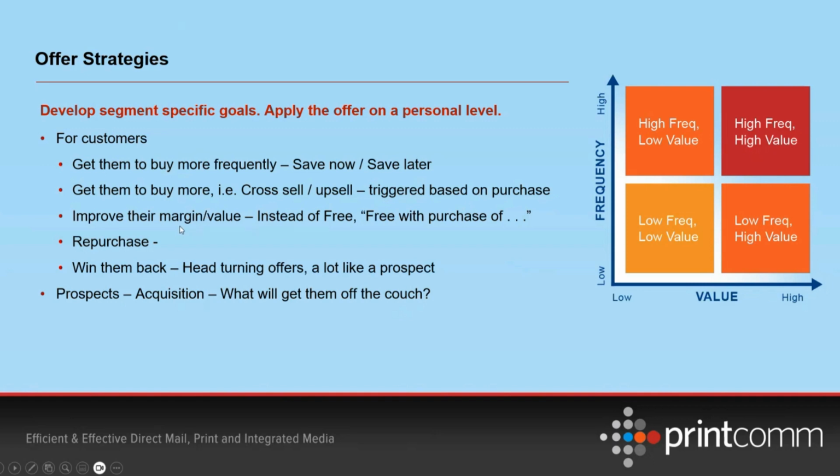People where you want to improve their margin value. Maybe we talked about this a little bit earlier. Instead of free with purchase of, there's this whole repurchase category. There's a couple of different contexts of that, but for instance, we did a lot of work for one of the major motorsports manufacturers for a year, and similar dynamics to a car.